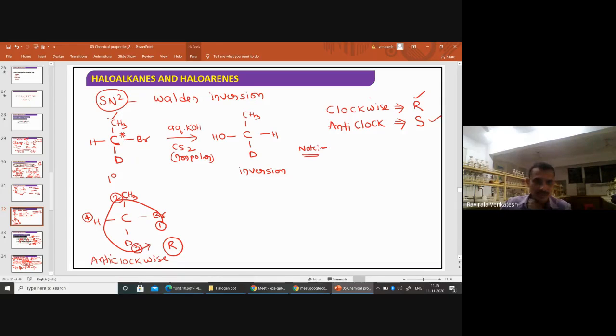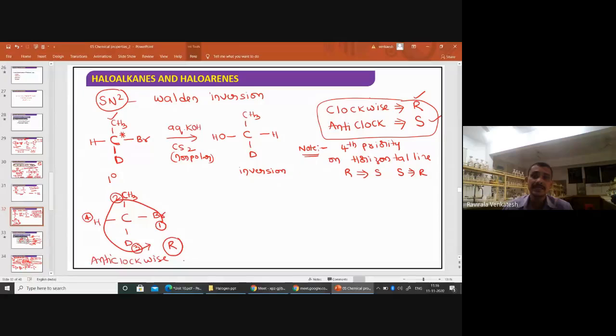So note: if the fourth priority is on the horizontal line, R will convert into S. If it is R, take it as S. If it is S, take it as R. This principle you must remember. Clockwise is R, anti-clockwise is S, but if the fourth priority is on the horizontal line, R becomes S and S becomes R. That is the reason I have taken R.